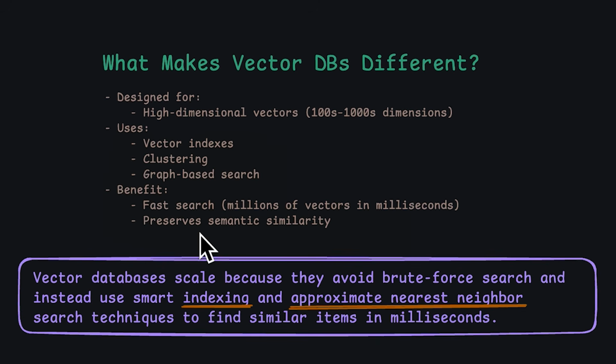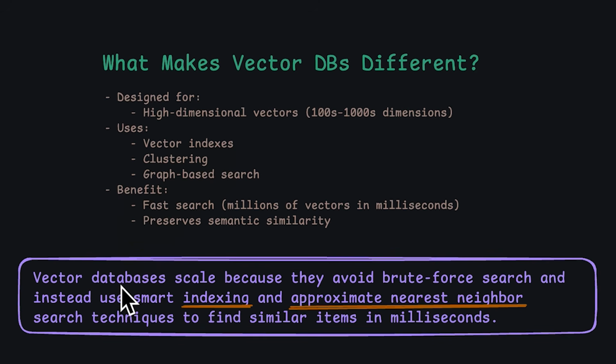Even if you have millions of documents, it can perform search efficiently because of these vector indexes. We will cover all these vector indexing techniques in depth later on. But for now, understand that this search is so efficient because of these vector indexes.